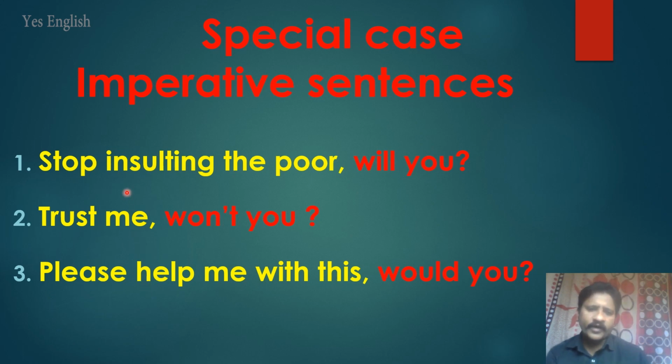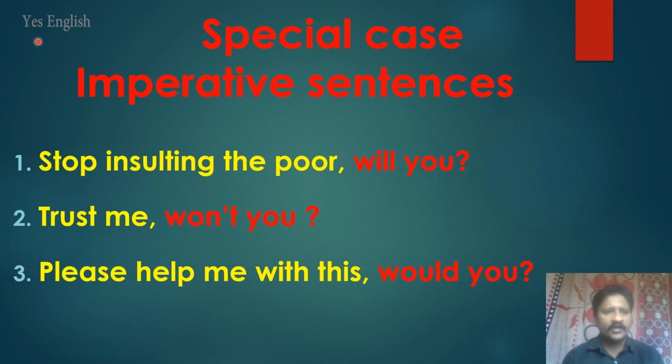So if you find this kind of sentences, they are called imperative sentences. Okay, in imperative sentence, as I told you, it can be a command, an order, a request, a suggestion, or even a reminder.